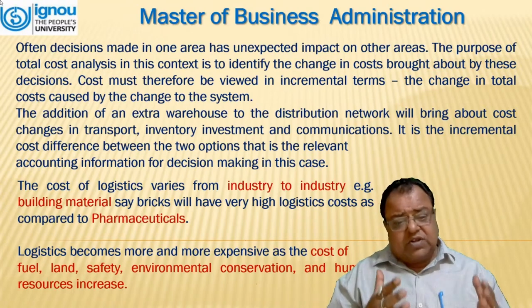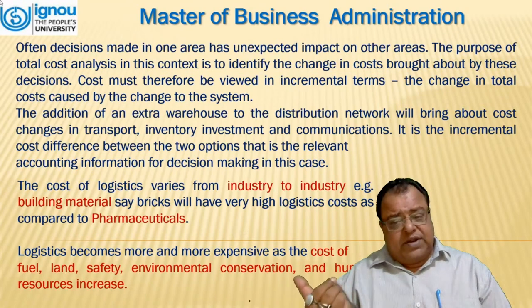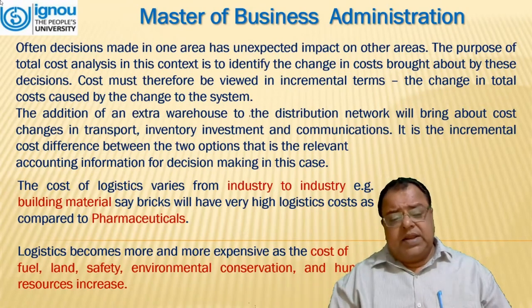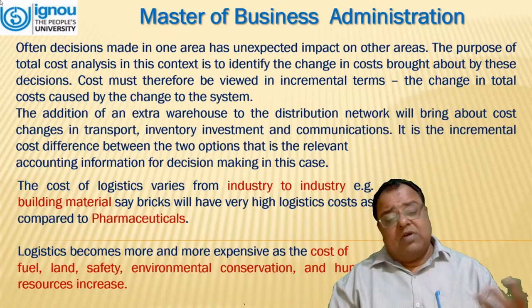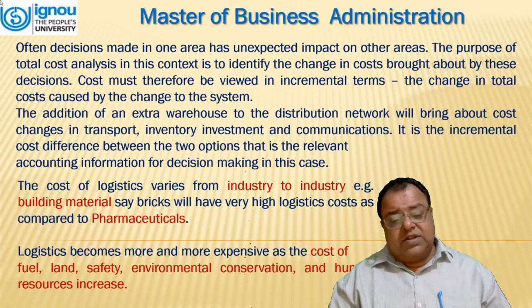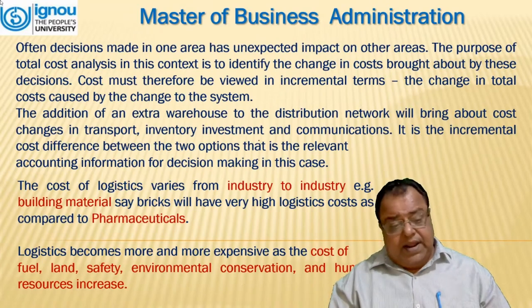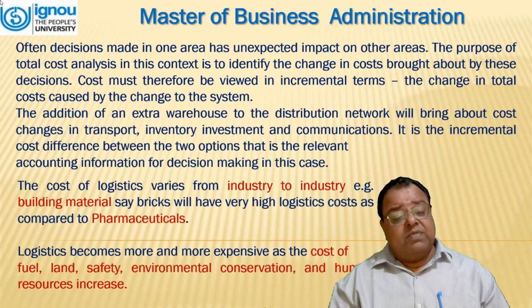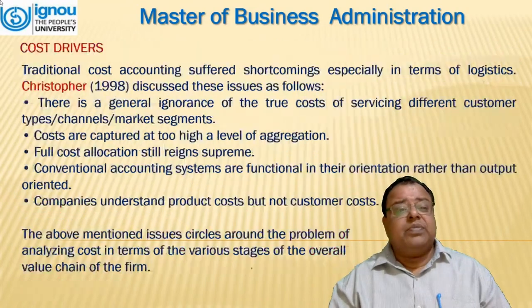The cost of logistics varies from industry to industry. For example, building materials and bricks will have very high logistics cost as compared to pharmaceuticals. Logistics becomes more and more expensive as the cost of fuel, land, safety, environmental conservation, and human resources increases.